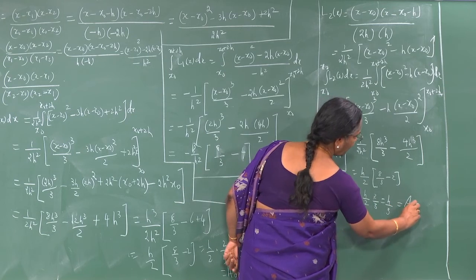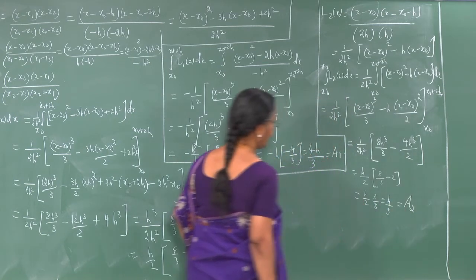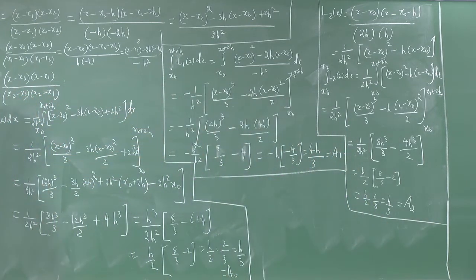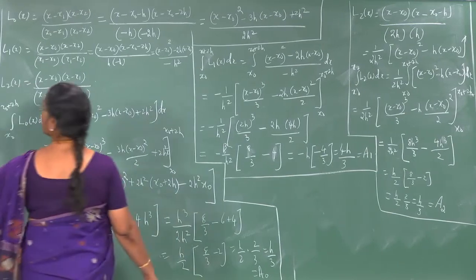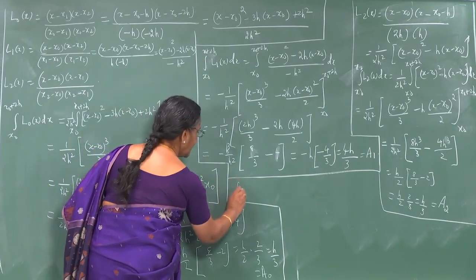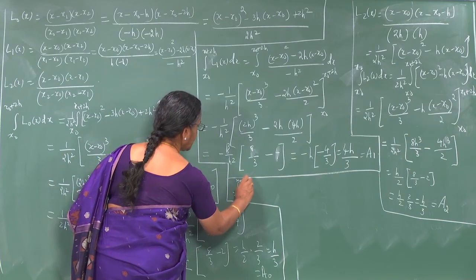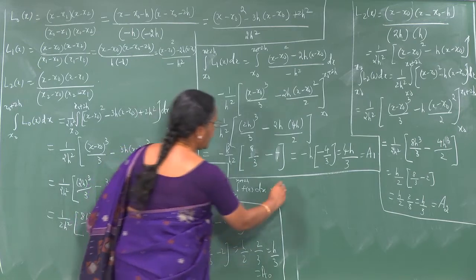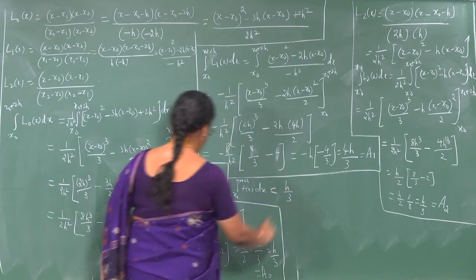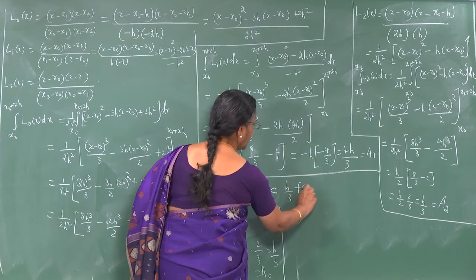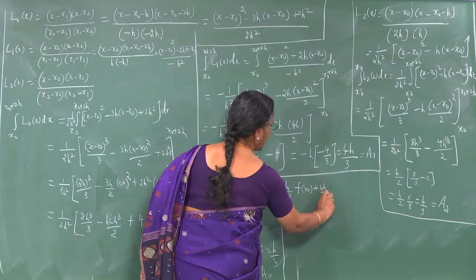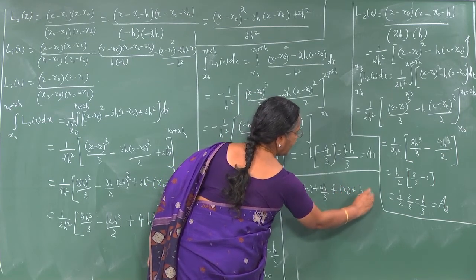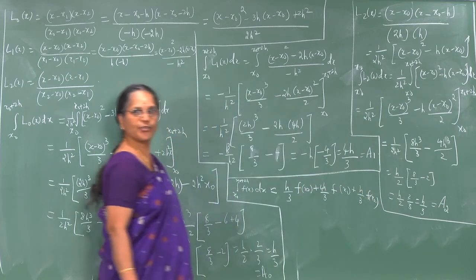So, what we have evaluated is a2. We have the constants a0, a1 and a2 determined. So, we write down the method which says the integral from x0 to x0 plus 2h of f of x dx is a0, which is h by 3 into f of x0, plus a1, which is 4h by 3 into f of x1, plus a2, which is h by 3 into f of x2.